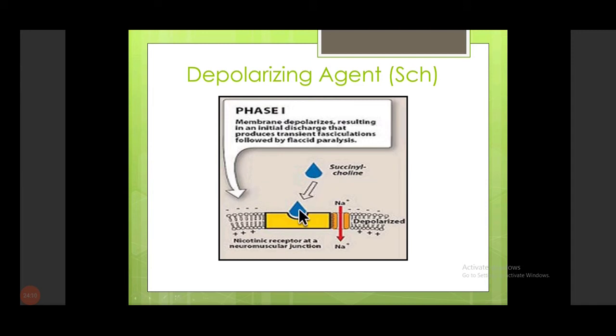Since these are present, there is persistent opening of the sodium channel and the depolarization continuously takes place. That is a depolarizing phase one block.